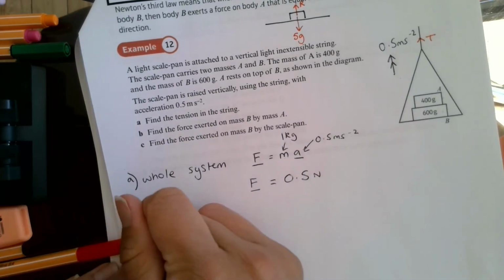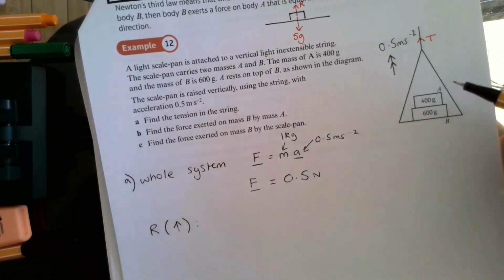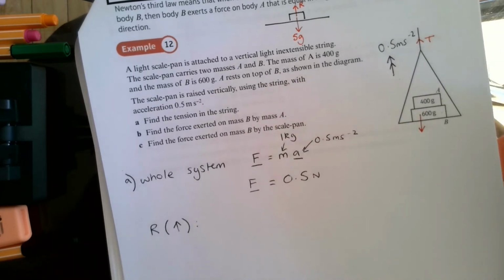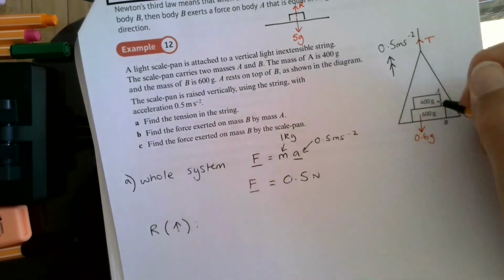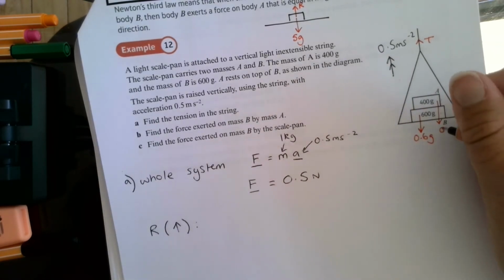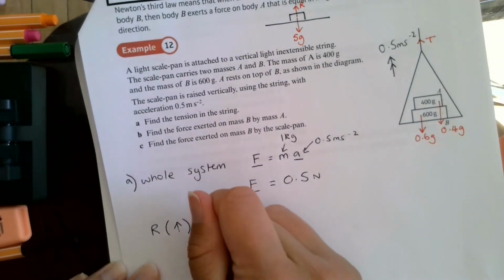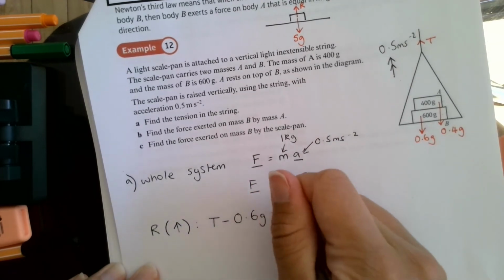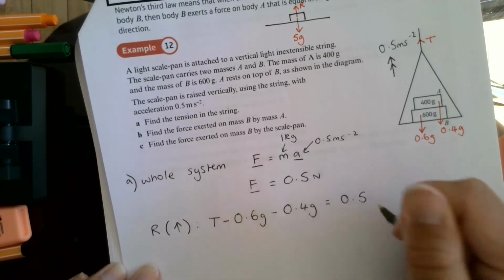So let's resolve vertically on the whole system. And I'm just going to add in some of the forces that we've got going on here. So from B, we're going to have a force downwards that is going to be 0.6 G. And from A, we're also going to have a force downwards, which is 0.4 G. If I'm resolving for that whole system, I'm going to have T is the force upwards, take away 0.6 G, take away 0.4 G, and that is equal to the mass times the acceleration, 0.5.